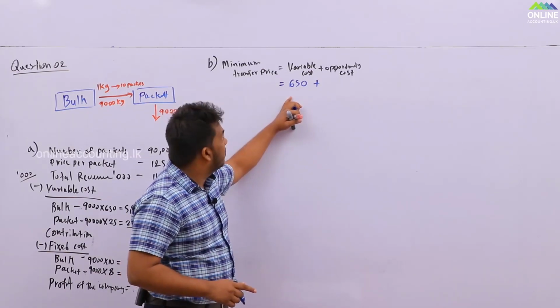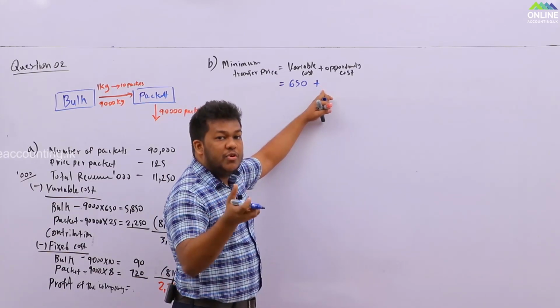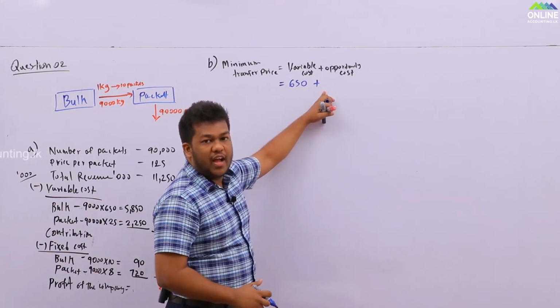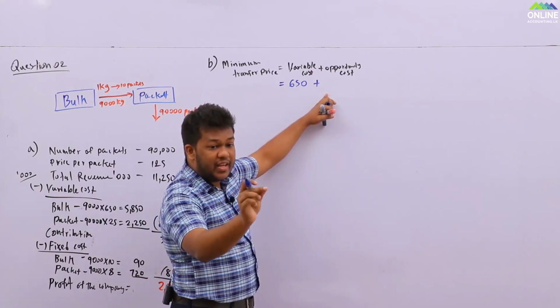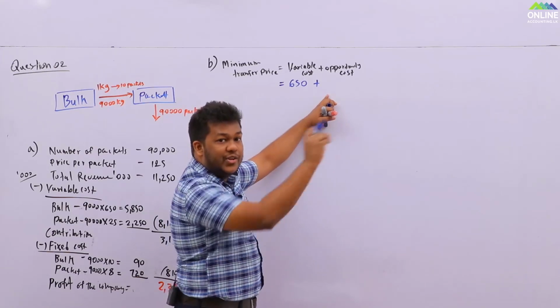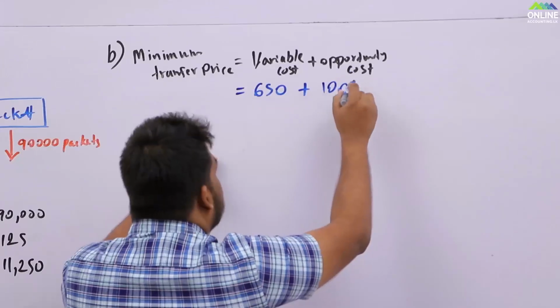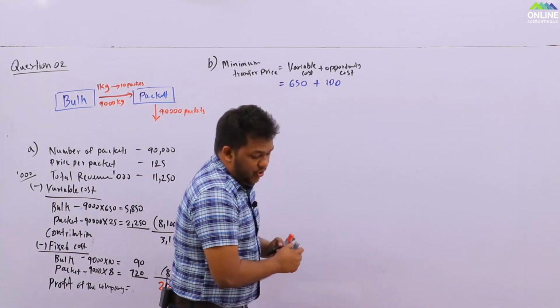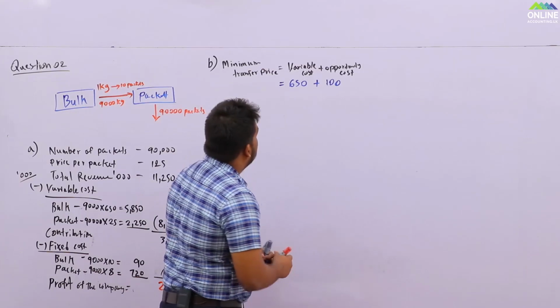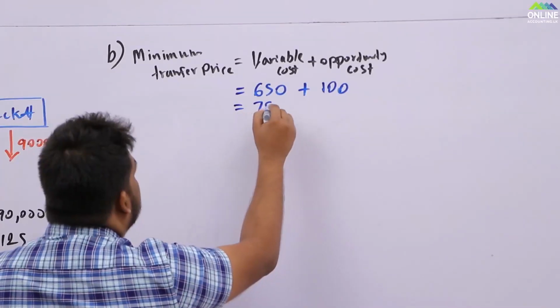Then what happened? Opportunity cost is the contribution that you are losing. How much contribution are you losing if you are selling to the internal division rather than to the outside? That is 100. 750 minus 650. So here the minimum transfer price should be 750.